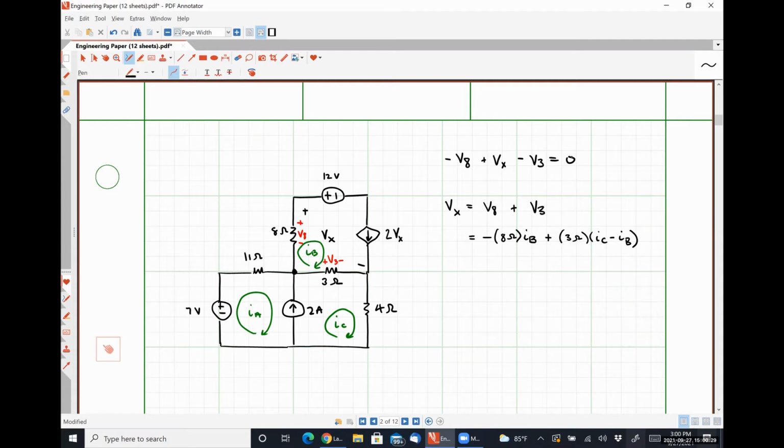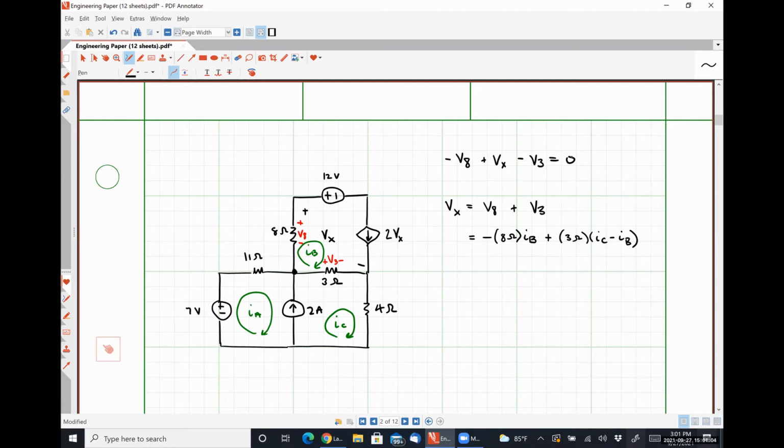Then, based on the expression Vx is equal to V8 plus V3, I wanted to figure out how to express that voltage V8 and that voltage V3 in terms of those mesh currents, right? So we said that V8 was equal to negative IB times 8 ohms, because the current IB, as it flows around its clockwise path, enters the negative polarity terminal of that voltage V8.